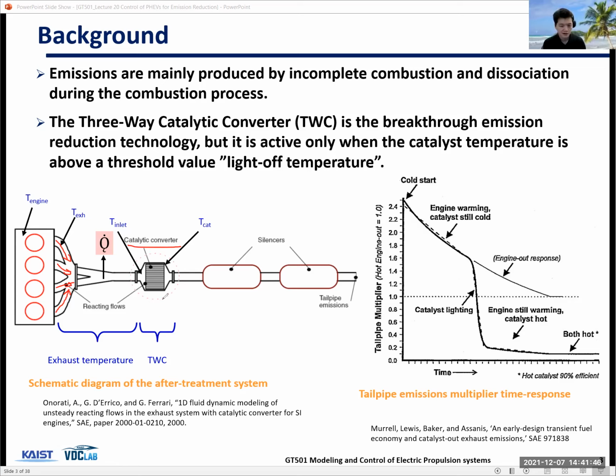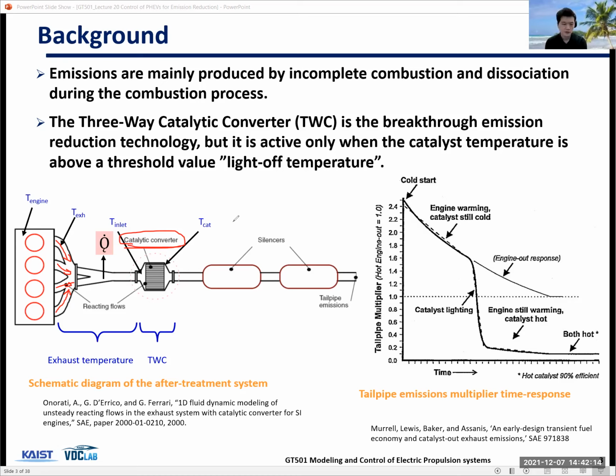And luckily, really smart people back in, I think, the 1980s came up with this catalytic converter that converts these three harmful emissions into safe, unharmful emissions. So that was a breakthrough.